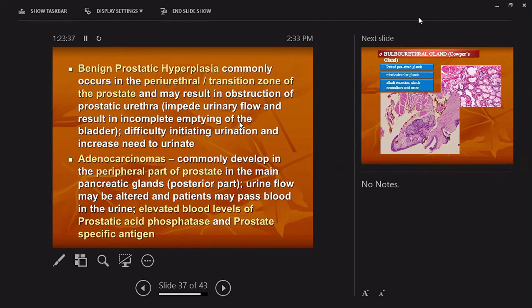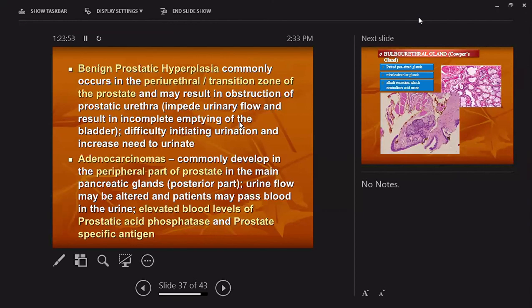Okay, class, don't forget your adenocarcinoma for sure. It will appear in your examination. Your benign prostatic hyperplasia, your different glands as to their functions and secretions.